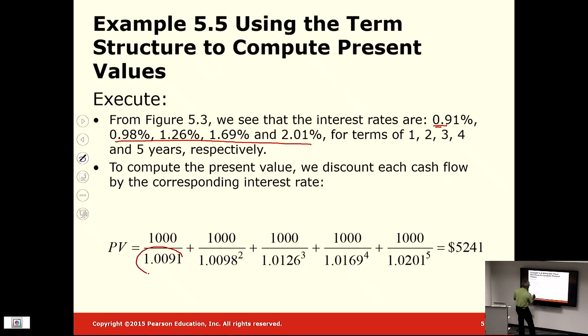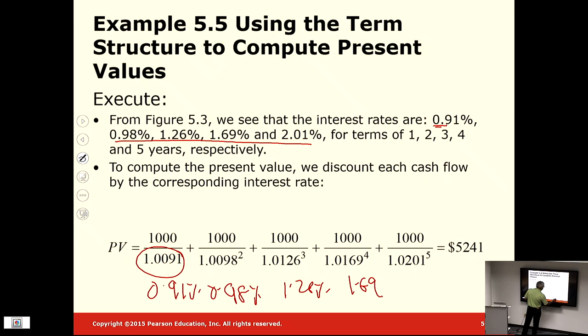So 0.91%, that becomes 0.0091. 1 plus 0.0098, because this was 0.91%, this was 0.98%. This was 1.26%. This was 1.69%, and this was 2.01%.